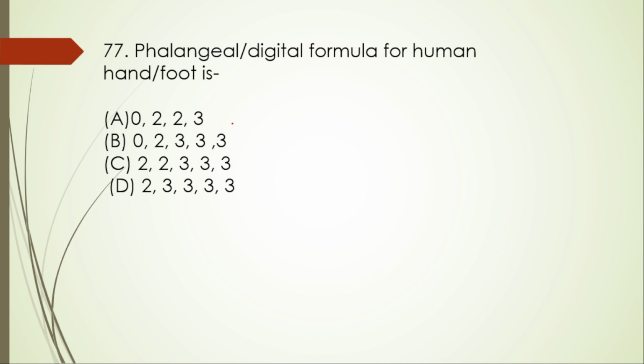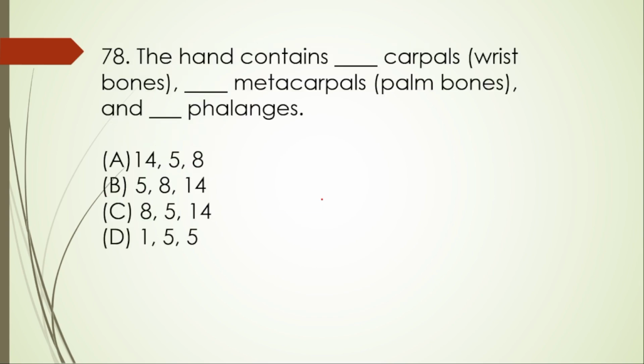Next question, question number 77. Phalangeal or distal formula for the human hand or foot is 0223, 02333, 22333, 23333. So here the right option is 2, 3, 3, 3. The right option is option D. Next question, question number 78.